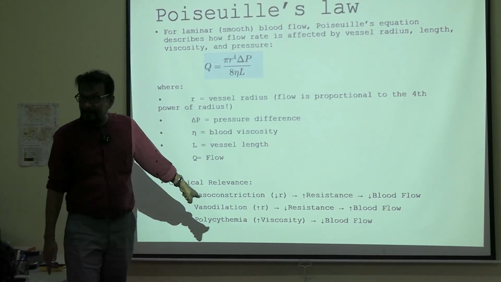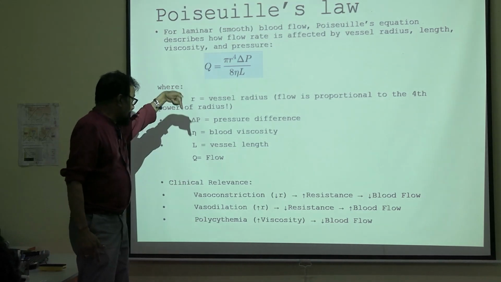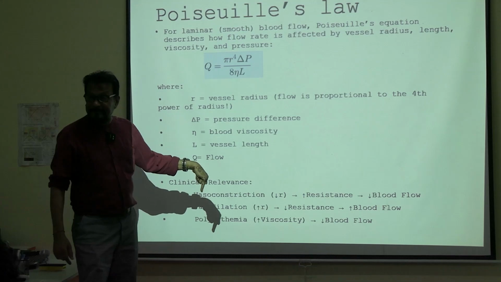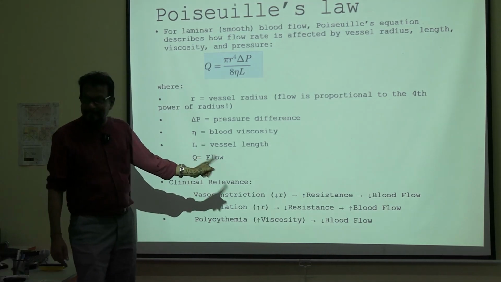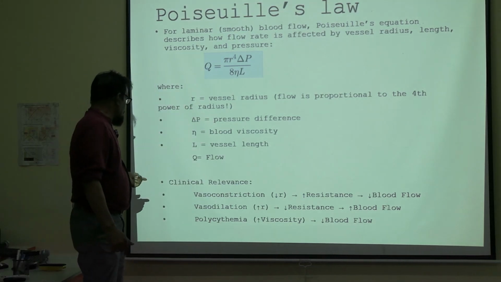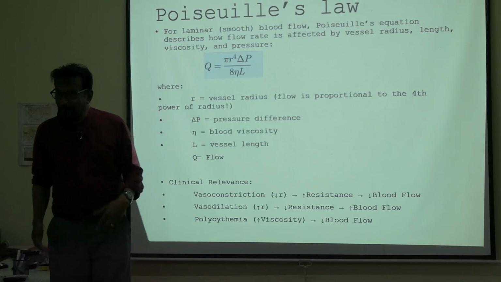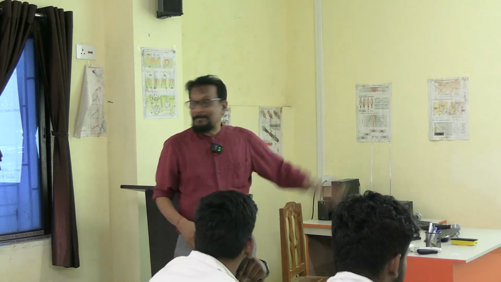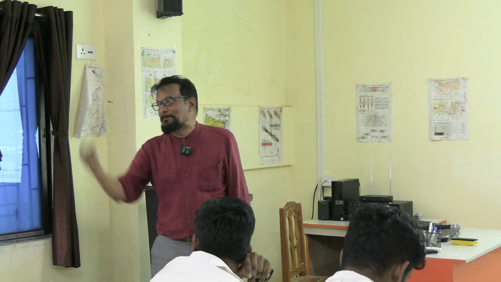Vasodilatation means there will be an increase in diameter, so a decrease in resistance, and blood flow will be increased. In polycythemia, more production of RBC means viscosity will be increased. Viscosity is a resistance, so blood flow will be reduced. These are the clinical things we have to remember.